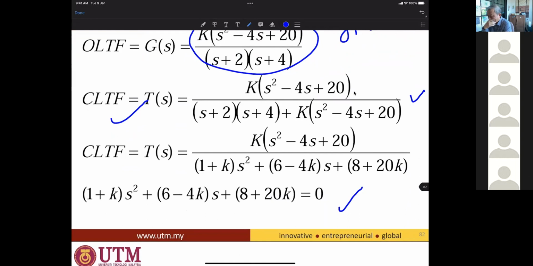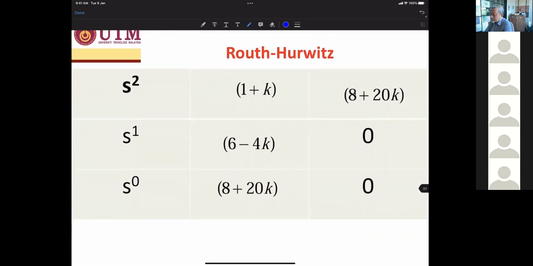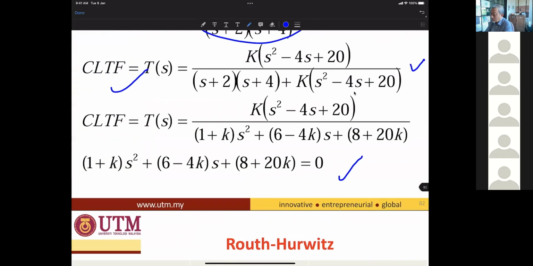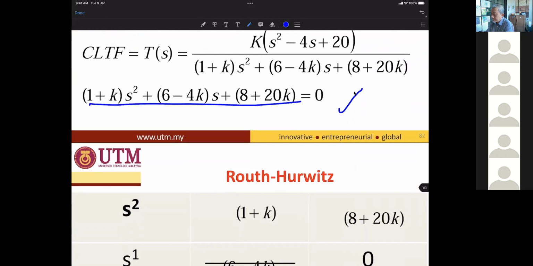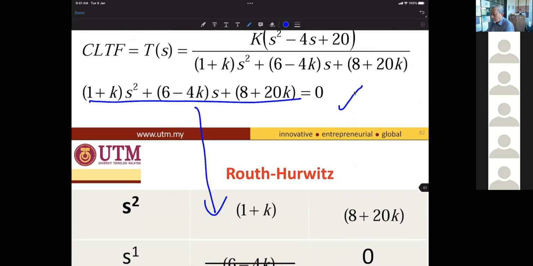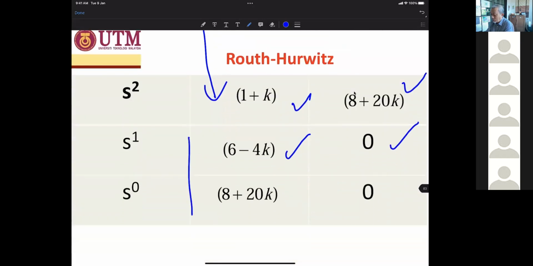And then put inside the Routh array. 1 plus k, 6 minus 4k, 8 plus 20k, and 0. Then continue.